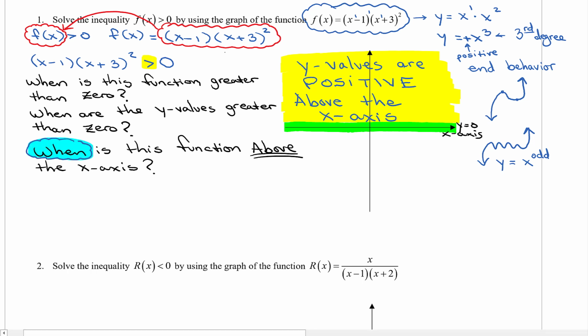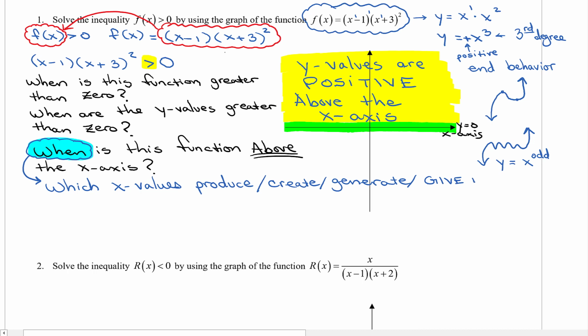Now, when you use the word when, you're basically saying which x values are going to produce, or if you don't like the word produce, let me use a couple other words, create, or generate, or give me y values that are going to be greater than 0.